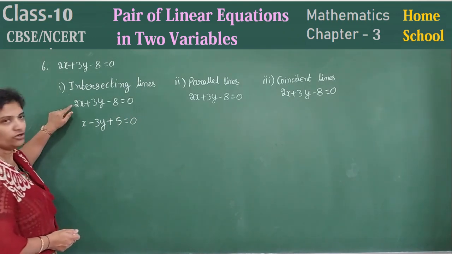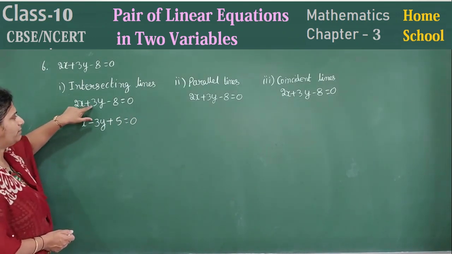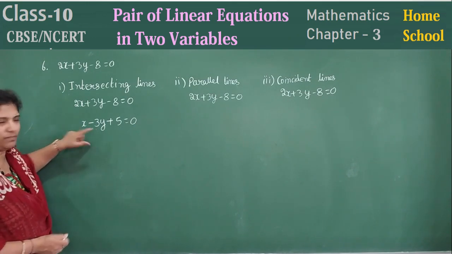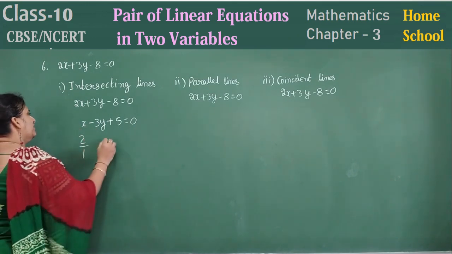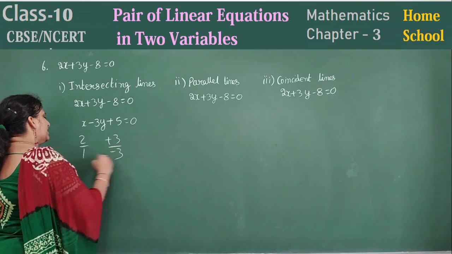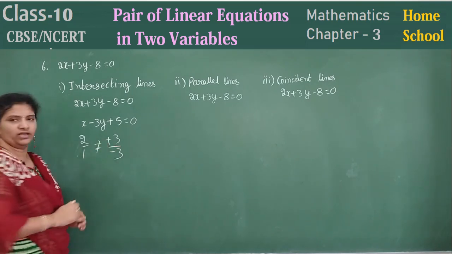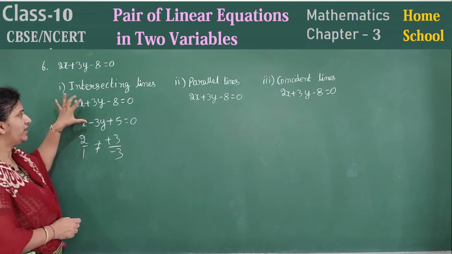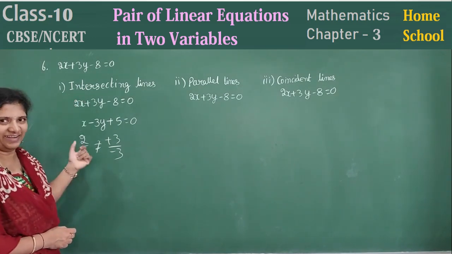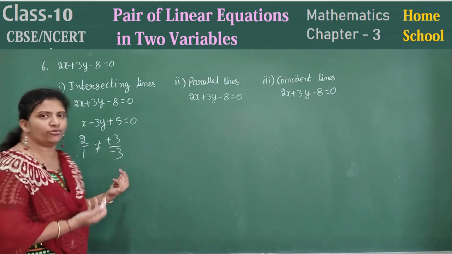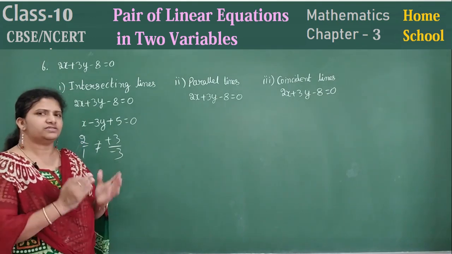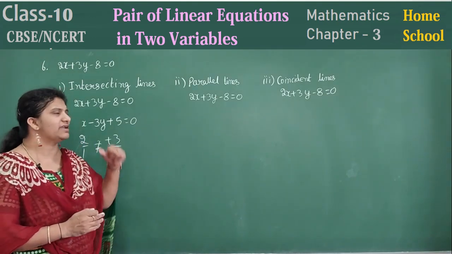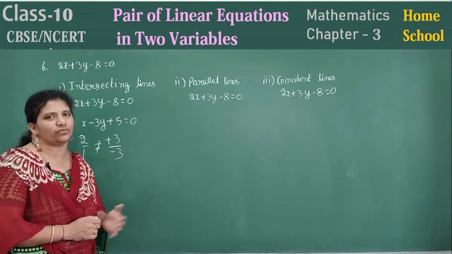Now observe here, 2 by 1 and 3 by minus 3. Both are not equal, right? So if both are not equal, what type of lines are these two? They are intersecting lines. You don't need to do anything difficult in this, children. Just think, guess and write any one another equation.